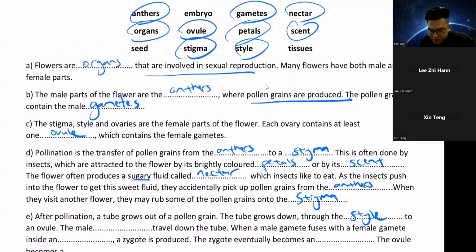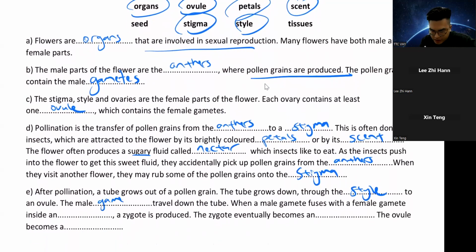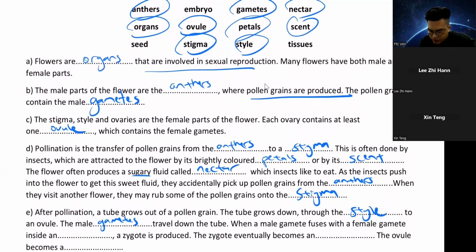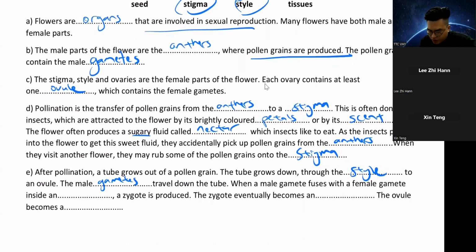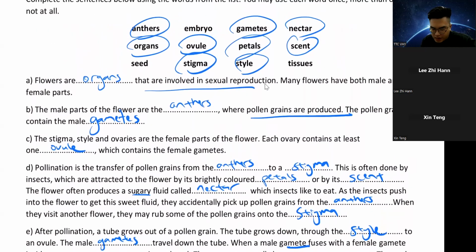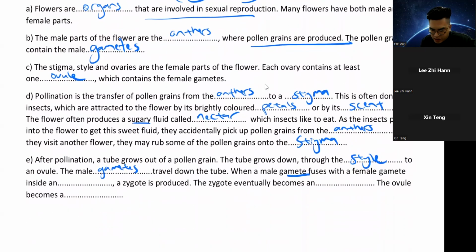The male gametes travel down the tube. For the male gamete, there's the answer already. It fused with the female gamete inside an ovary, I guess.